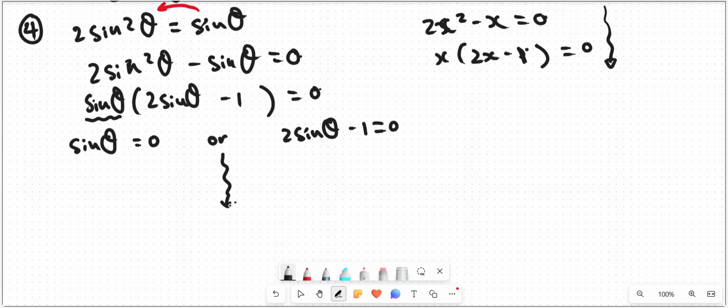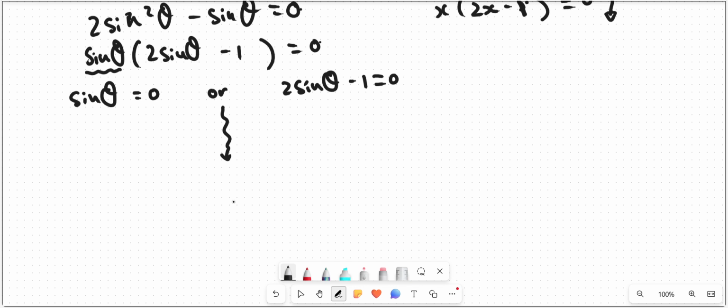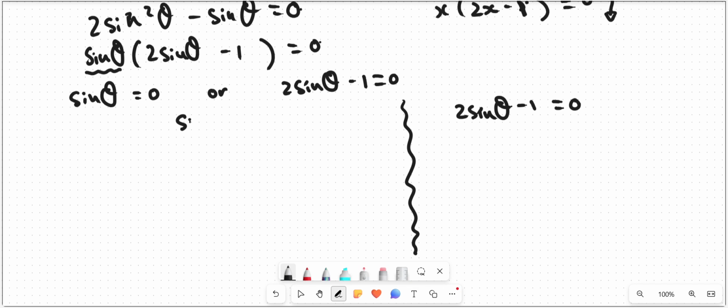Actually, let's do these separately. What I'm going to do is put a line here, and this is where I'm going to do my 2 sine theta minus 1. I'll come back to it. And this side is where I want to do my sine theta is equal to 0.